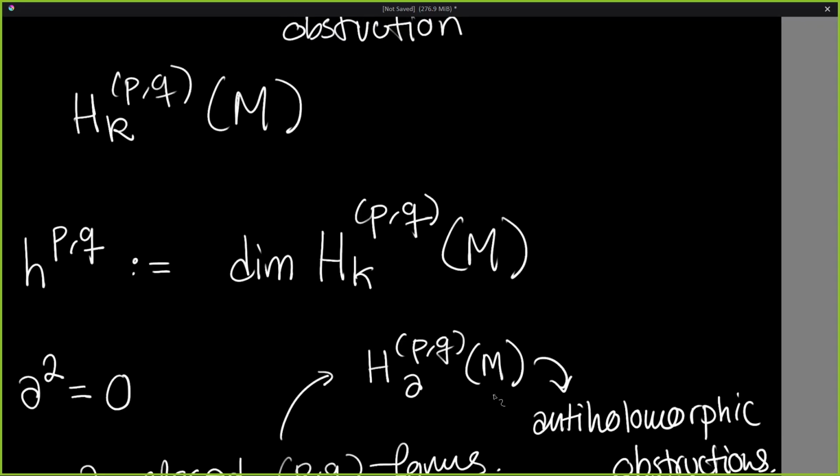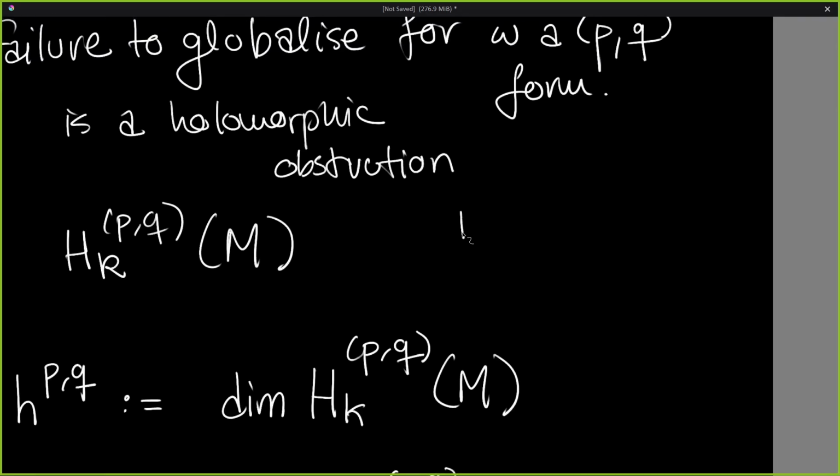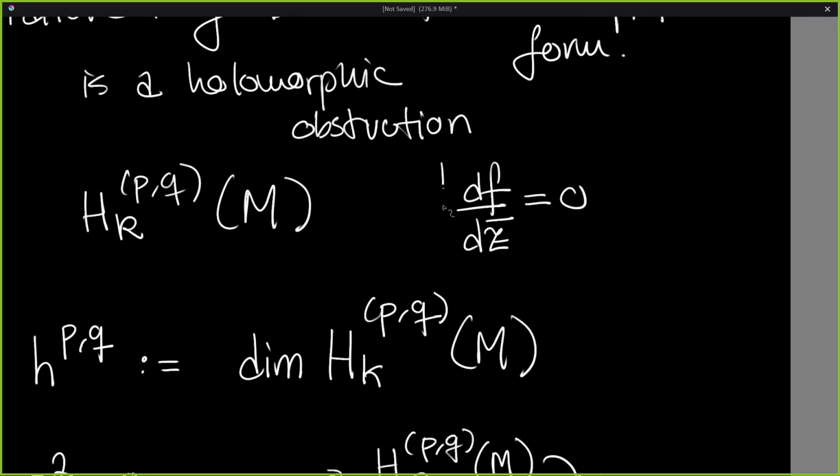If you're wondering why partial bar gives you the holomorphic obstructions and partial gives you the anti-holomorphic obstructions, think of it like the fact that df/dz bar equals 0 makes something a holomorphic function. A holomorphic obstruction is the failure of some global function to be holomorphic, so we're trying to solve an analog of this equation.